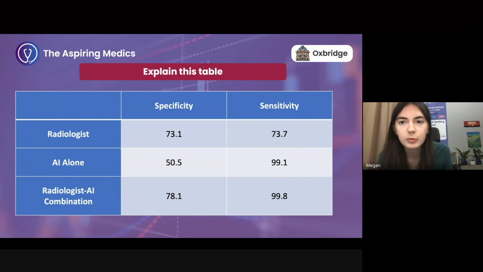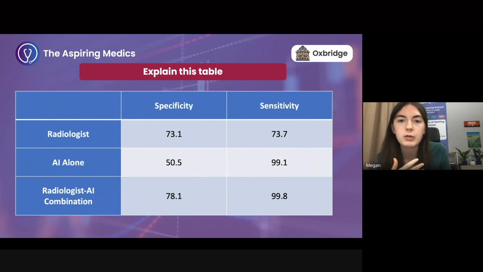I have heard of them before. I understand specificity to be how accurate something is at detecting a certain condition, whereas sensitivity is more generally picking something up.